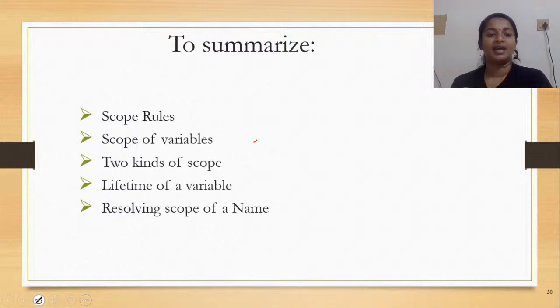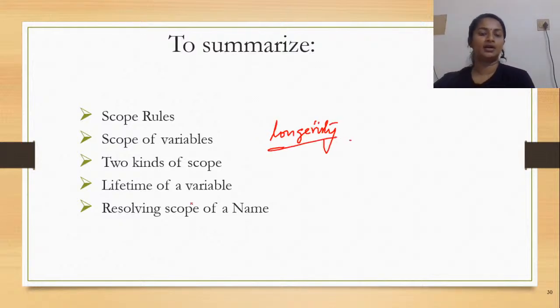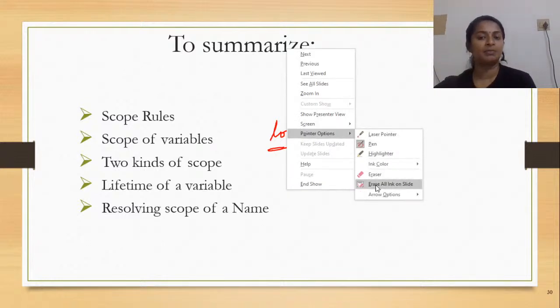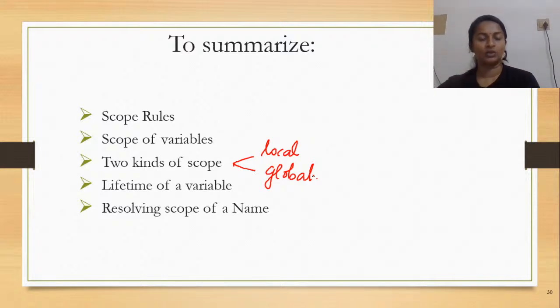Then we came across the term lifetime of a variable, which considers the longevity of your variable: how long your variable is surviving, or within what boundary you can access the particular variable. When you consider the scope, you considered both local as well as global. We explained it via examples, using an analogy so that you could understand it better.